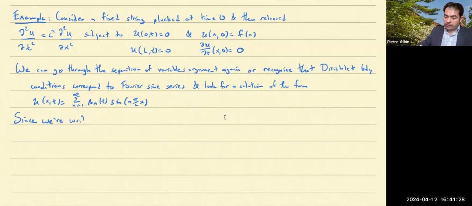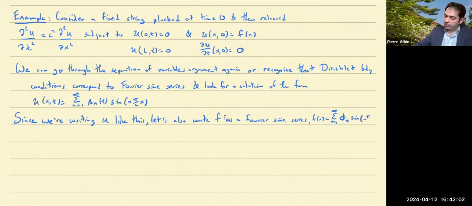Since we're writing u like this, let's also write f as a Fourier sine series. f of x is equal to the sum, n goes from 1 to infinity, of phi n sine n pi over L x.